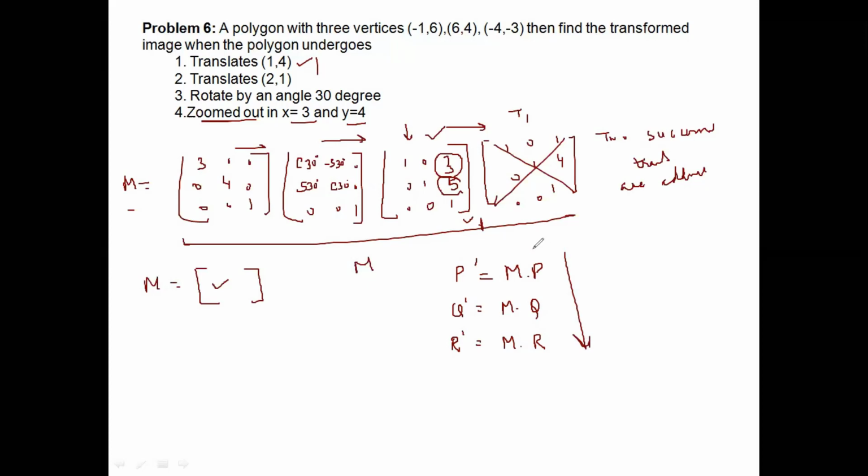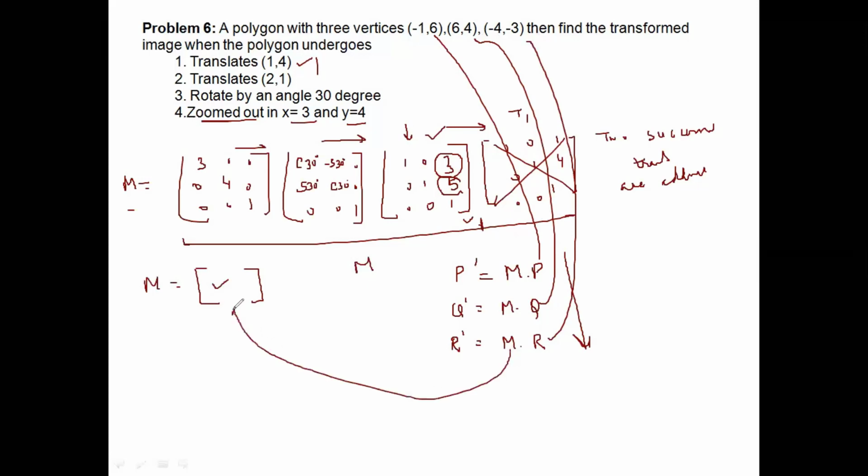P is this point, Q is this point, and R is this point. And M is this, which you have received after multiplying these matrices. This is the resultant or composite matrix that will be applied on these points. I hope you will be able to calculate the new polygon after applying the sequence of transformations.